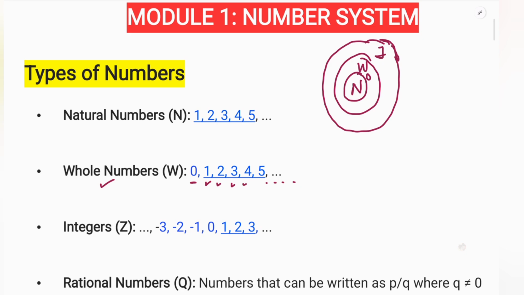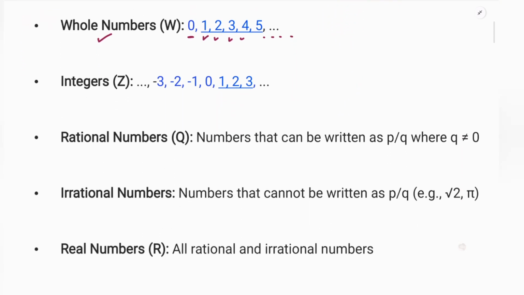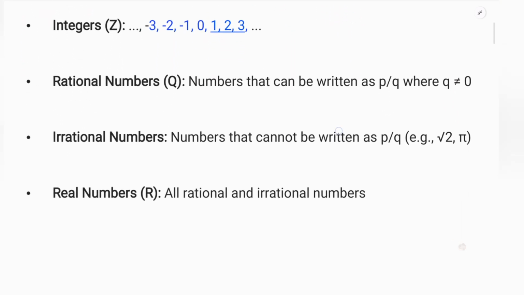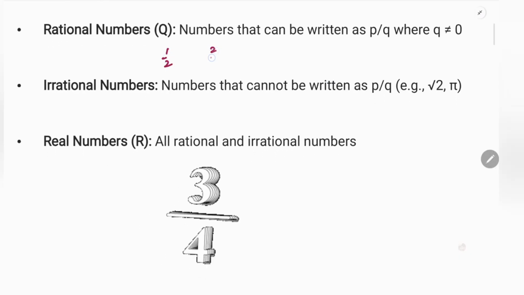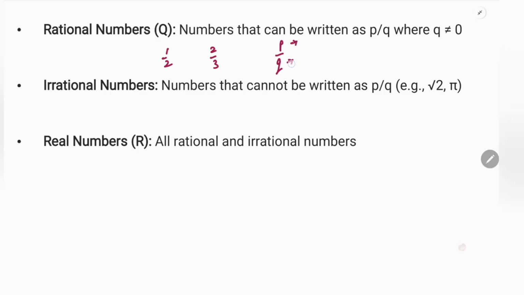Okay, after that, we have rational numbers. Rational numbers means fractions, right? Like 1 by 2, 2 by 3, something that can be written in the form of P by Q. You need to remember a condition here: this is called the numerator, this is called the denominator, right? Numerator by denominator. In rational numbers, the denominator cannot be equal to 0.